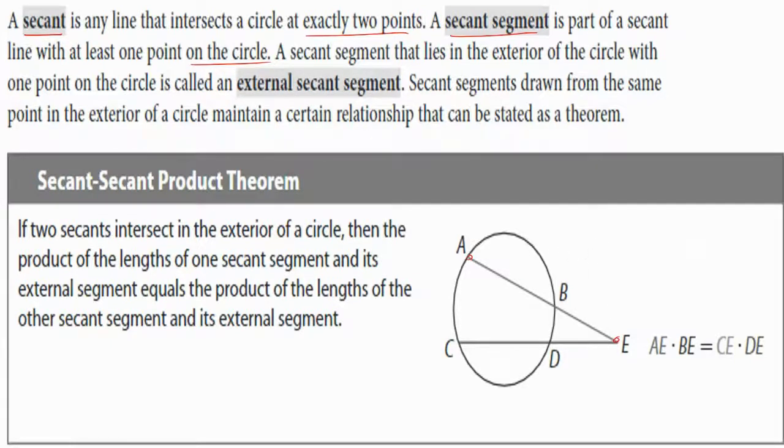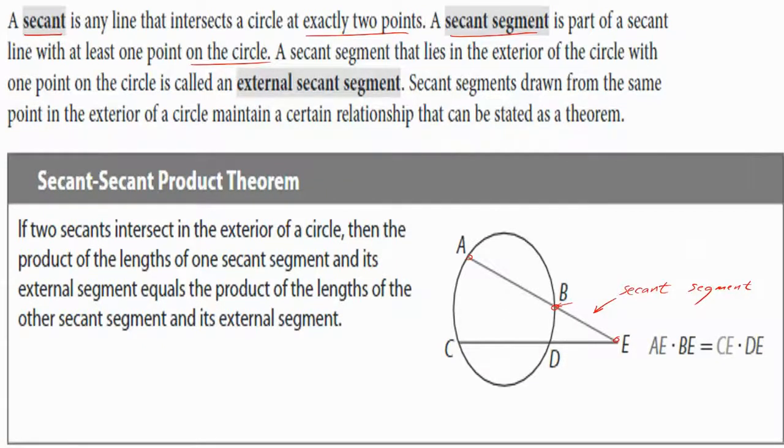Now, BE would be a secant segment because it has at least 1 point on the circle. Now AB doesn't work because it's 2 points. So BE is the secant segment.